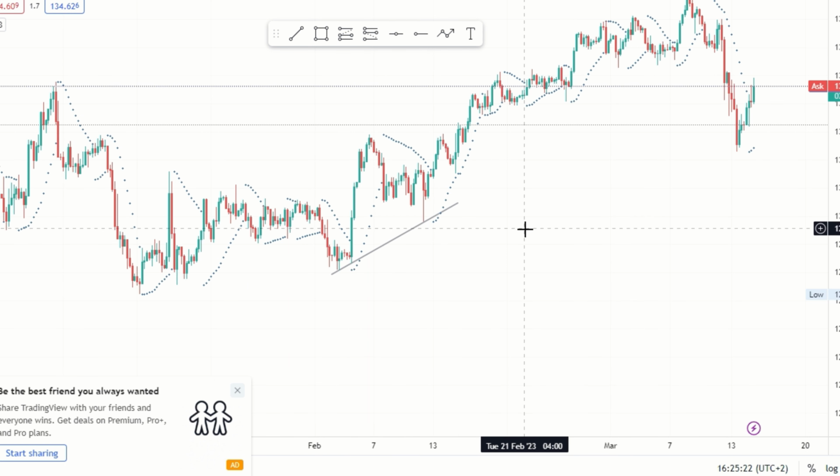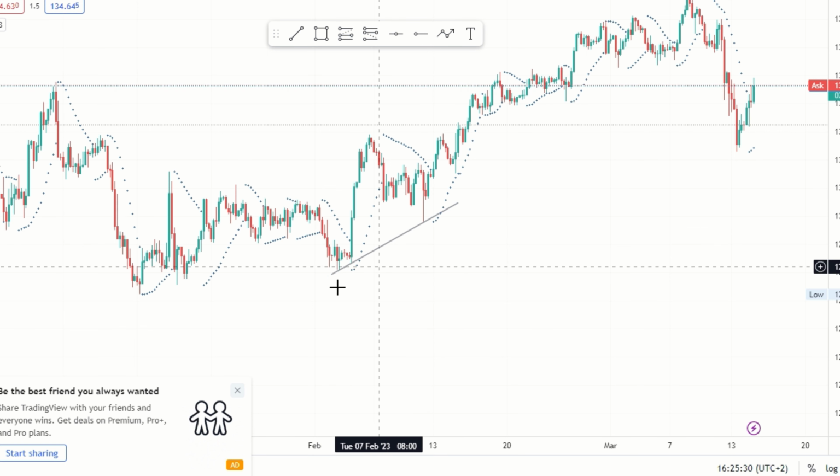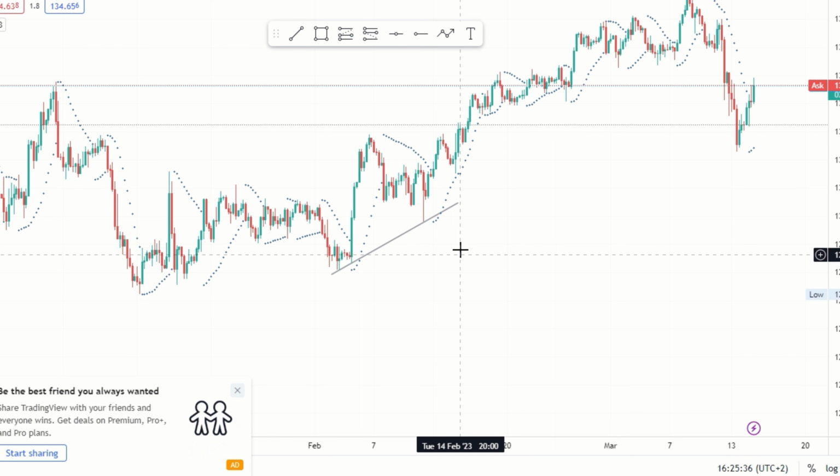Now the hardest question is, how do we enter at this point? We've got touch one, we've got touch two. How do we then enter at the touch 3 point? I know traders who literally enter the moment it touches there.